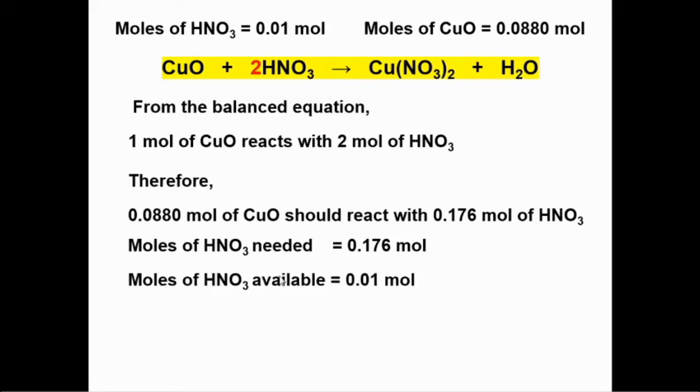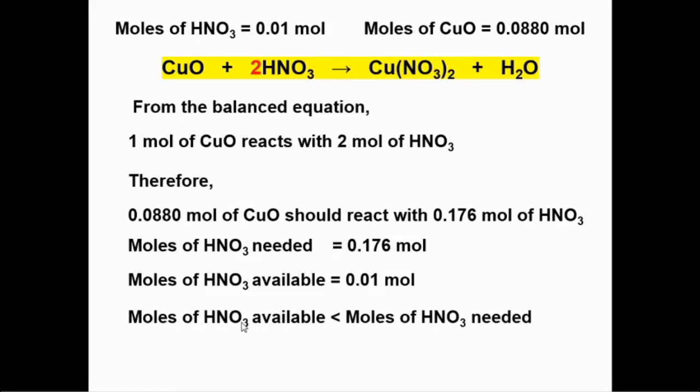But we only have, or we can say the moles of nitric acid available is just 0.01 mole. So if we compare these two, moles of nitric acid available is less than moles of nitric acid needed.